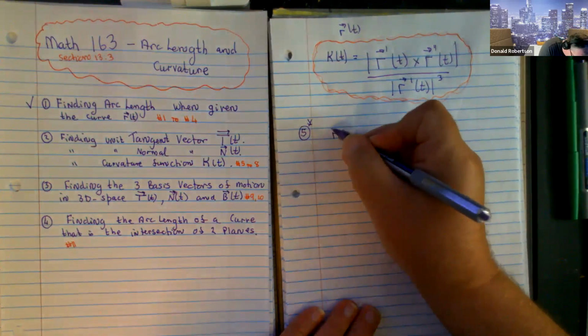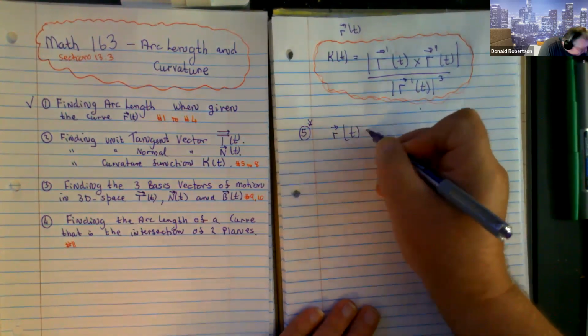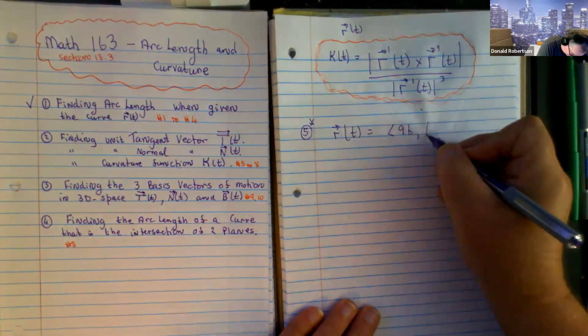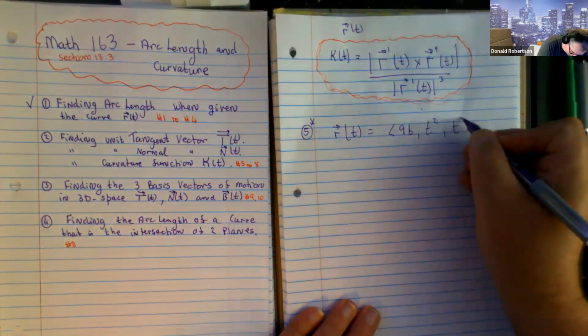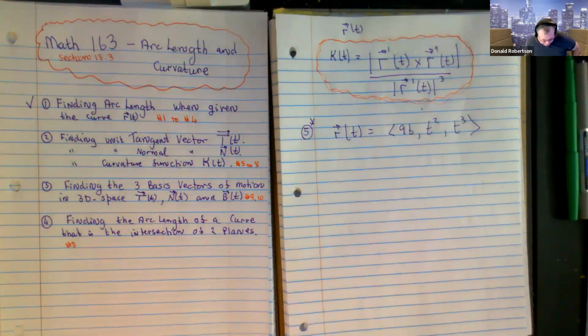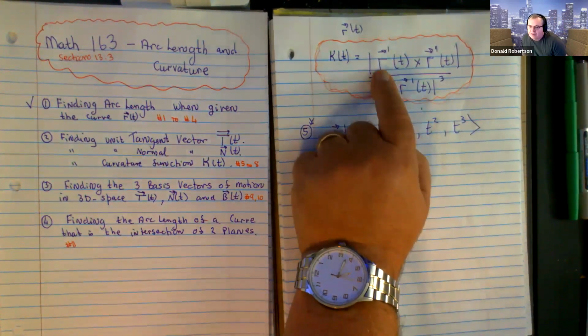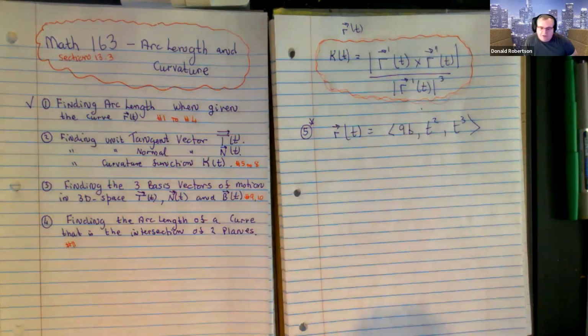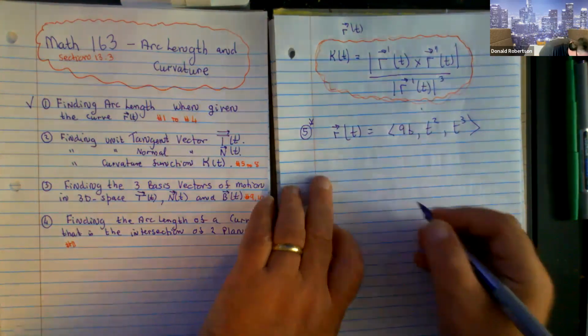And so the space curve is 9t, t squared, and t cubed. Oh, and by the way, there are alternate formulas to this, but in this context, this is the one we're going to use.